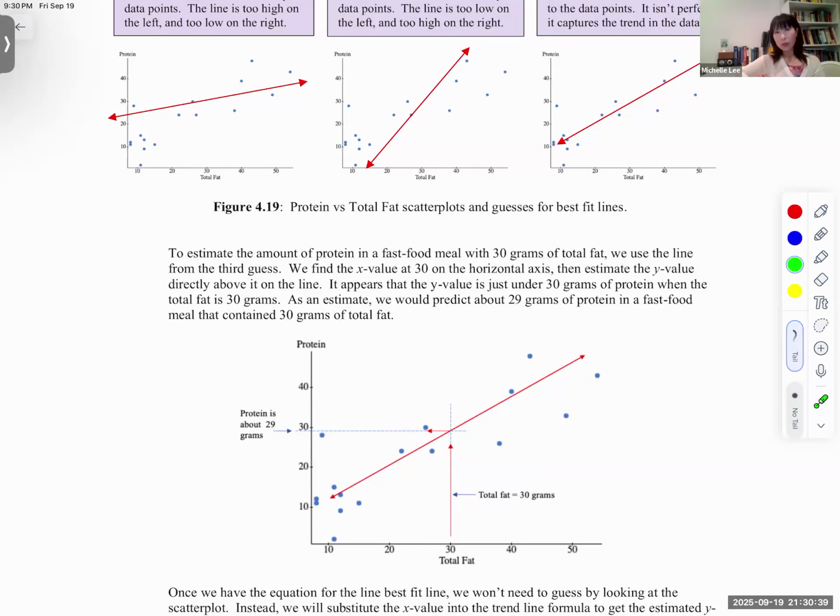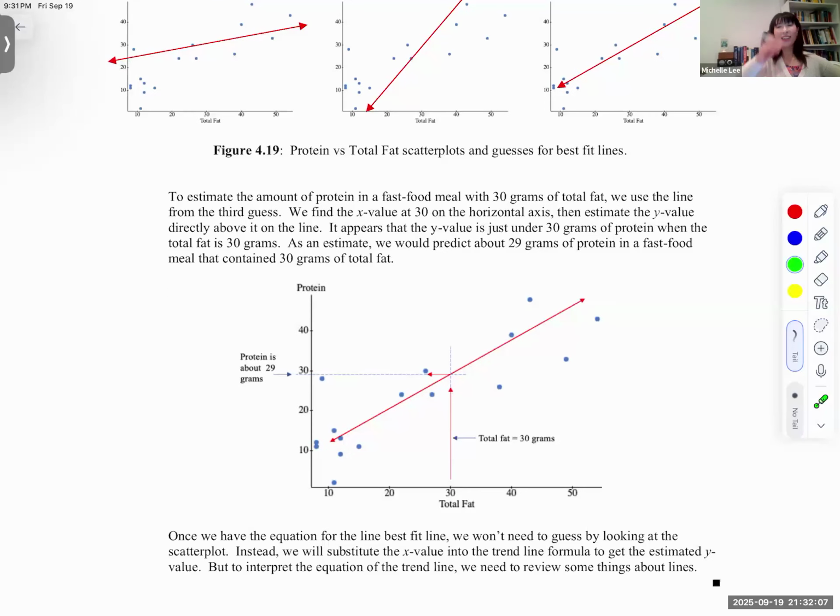So why do we need the best fit line? Because we want to predict the response variable given the explanatory variable, right?